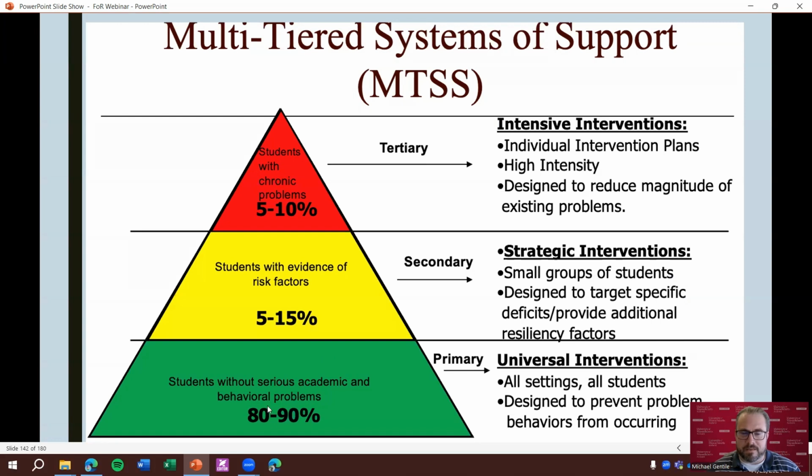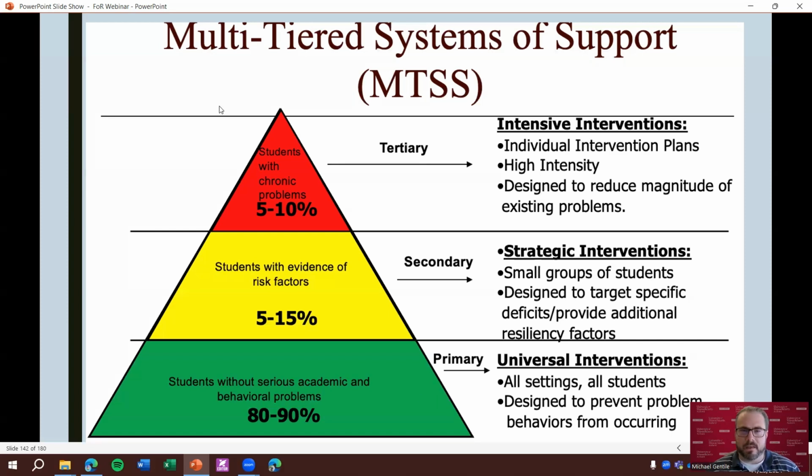And this represents 80 to 90% of students. So the vast majority of students are going to be in here because they do not have a serious academic or behavioral concern. So this is what we do for all students. It might be called general curriculum, or tier one instruction.